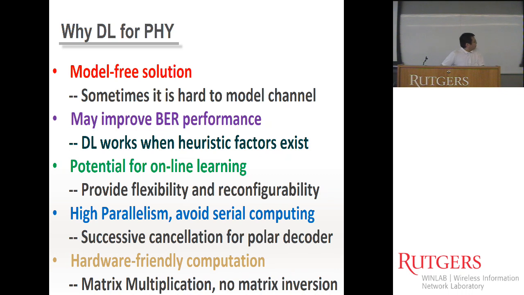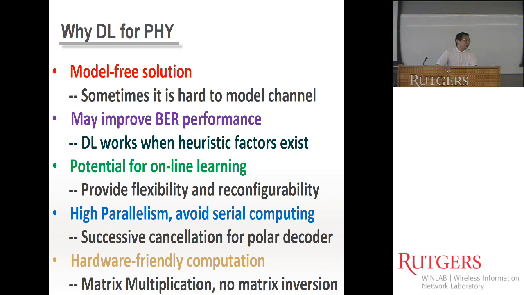And the fourth advantage is that, from the view of computation, neural networks are inherently highly parallel. Some baseband DSP algorithms are serial, for example the polar decoder in 5G, where the underlying decoding algorithm is successive cancellation list decoding.